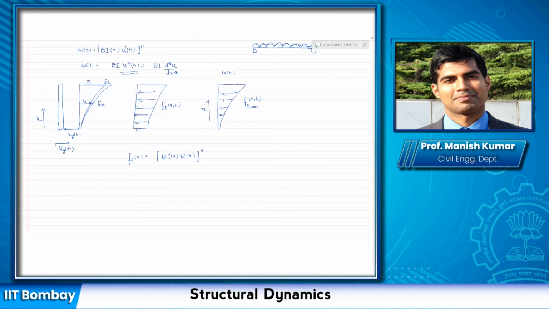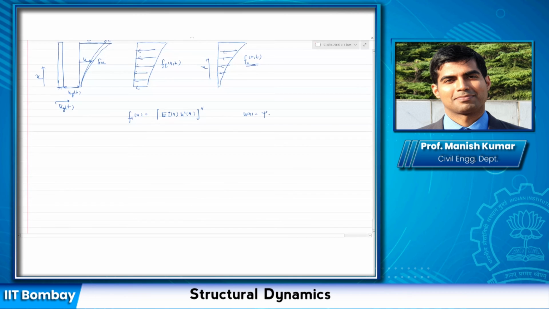You can substitute u(x) as phi(x) times z(t), substitute it here, sorry, not t here, this is x. You will get phi(x), and z you can take outside because z is a function of t and not x.